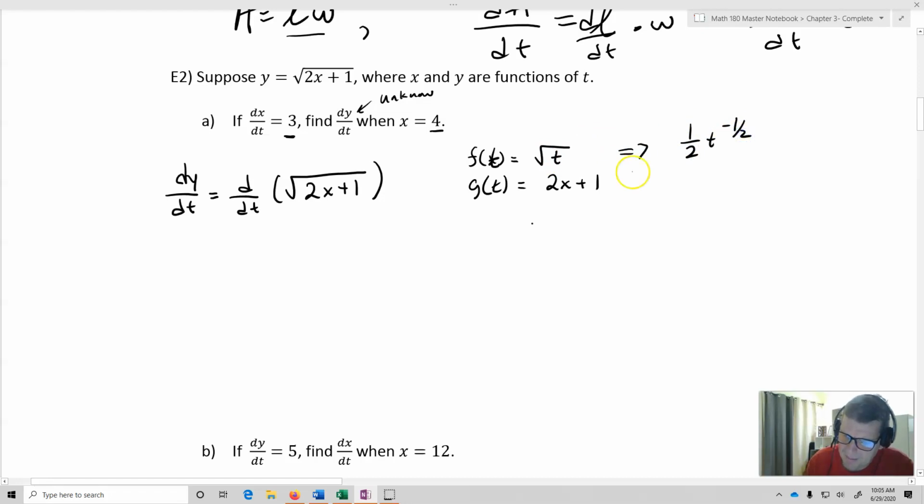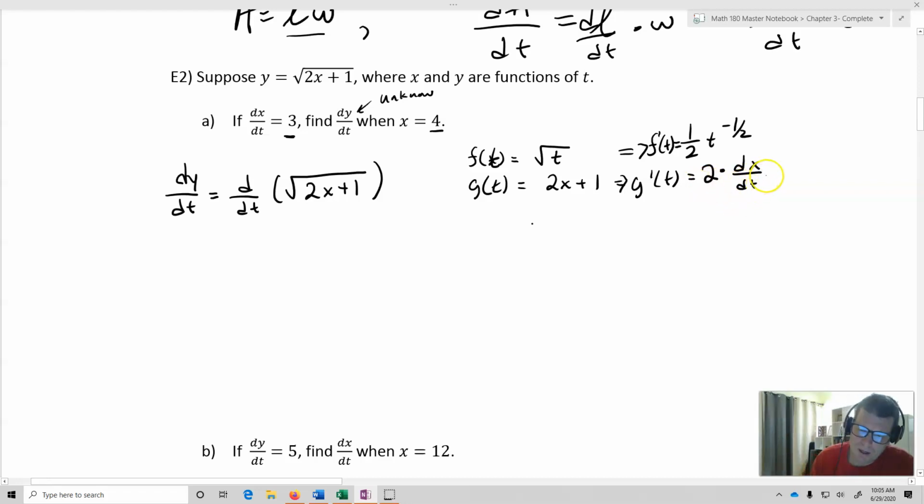We've seen that many, many times before. And g prime of t is going to equal 2, because that's the derivative of 2x times dx/dt. The derivative of 2x is just 2, but don't forget that we've actually got a function of t, not a function of x in this case.